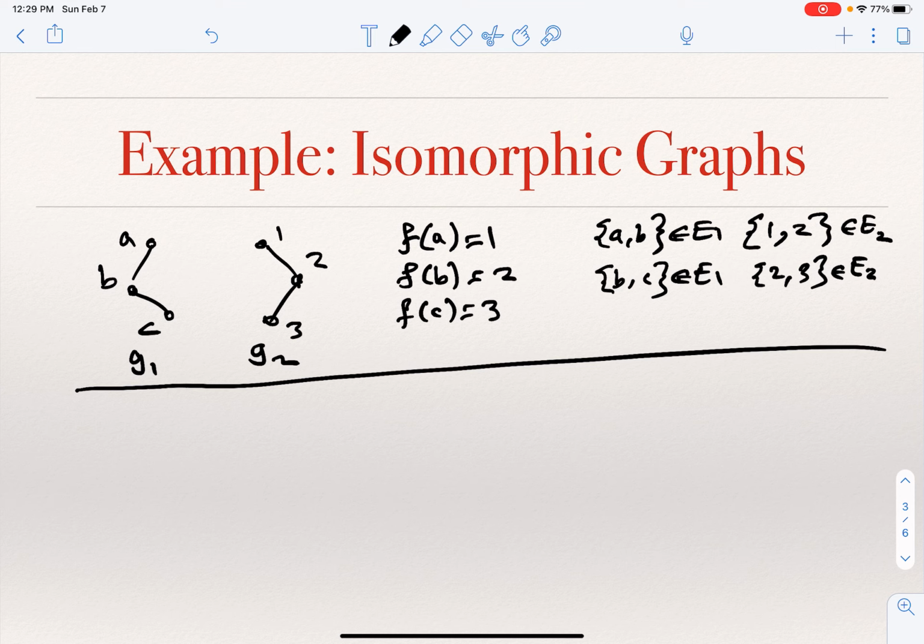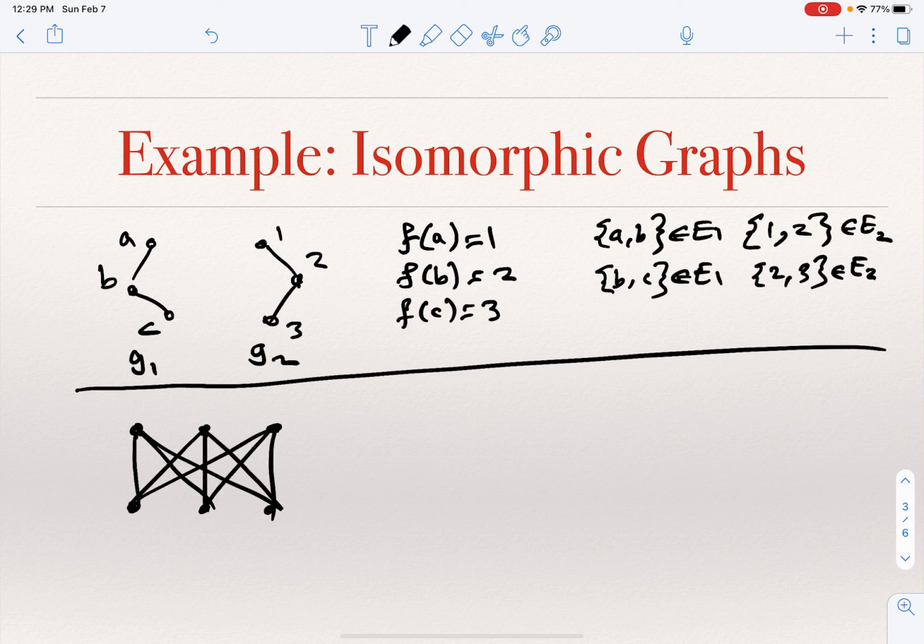So let's look at a graph like the complete bipartite graph on 6 nodes, 3 on each side. Let me label them, the odd ones on one side, 1, 3, 5, and 2, 4, 6.